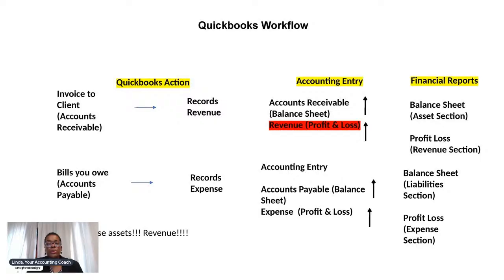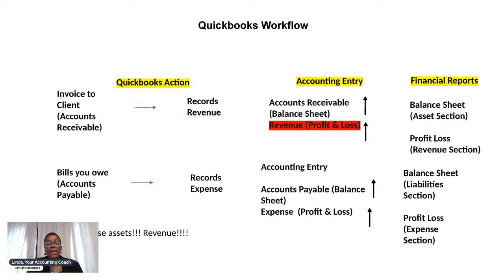And it also records revenue. In accounting, an entry is always two-sided, so you always have a debit and a credit. If you look here on the right-hand side, that accounting entry increases accounts receivable, that's money owed, and it increases revenue. So once again, this is when you create an invoice.